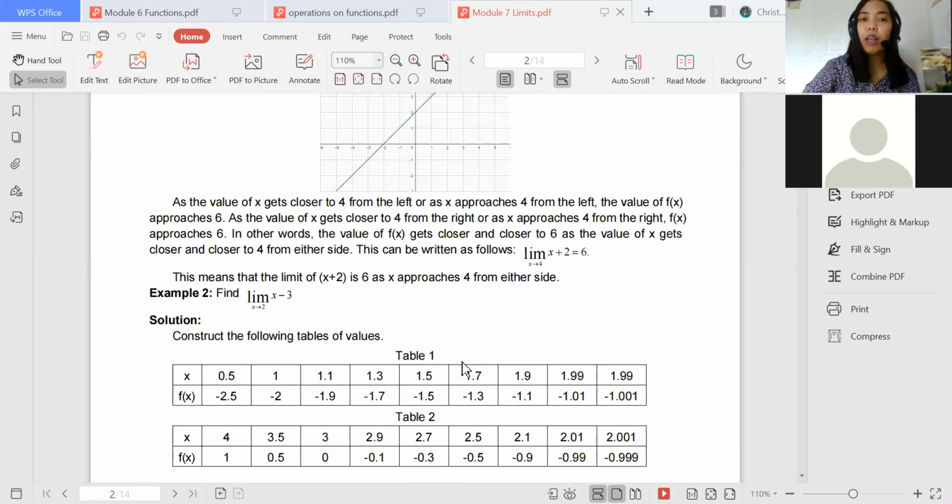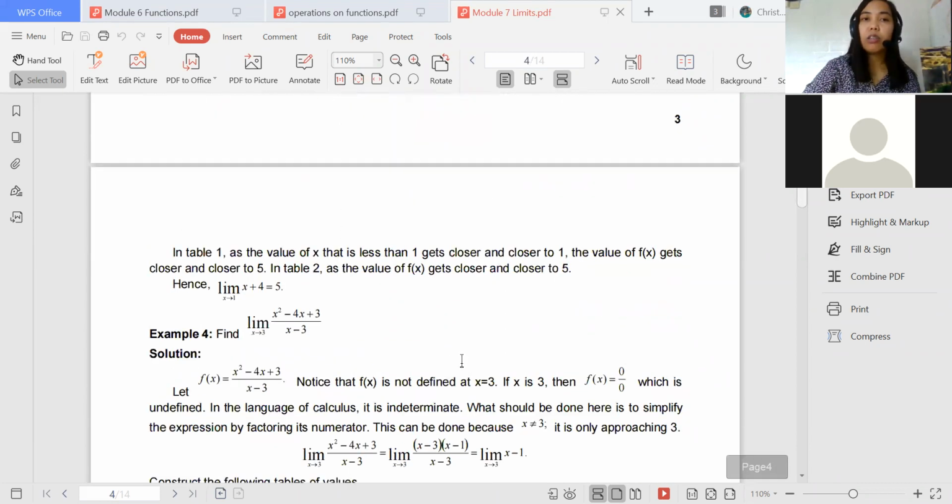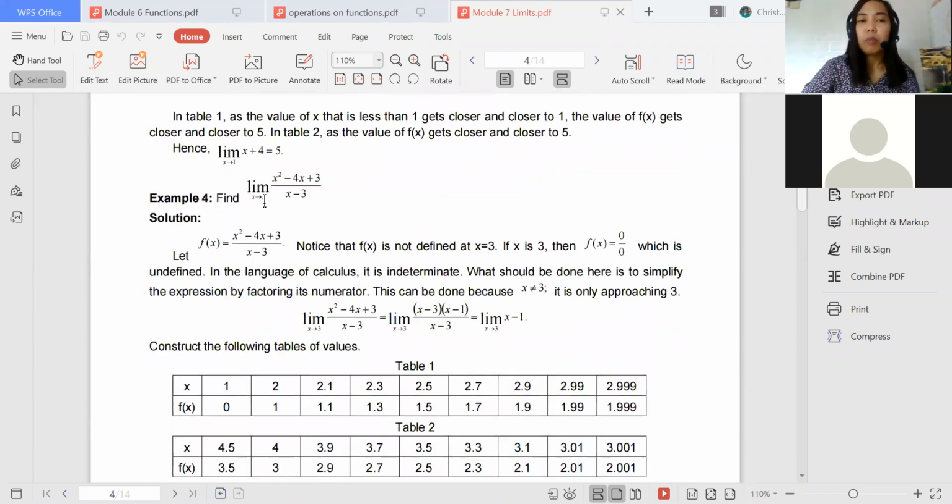Okay, if the given has a restriction in the domain, and when you just substitute directly the value of x in the given, we'd notice that the denominator is undefined, right? Notice that f of x is not defined at x equals 3.